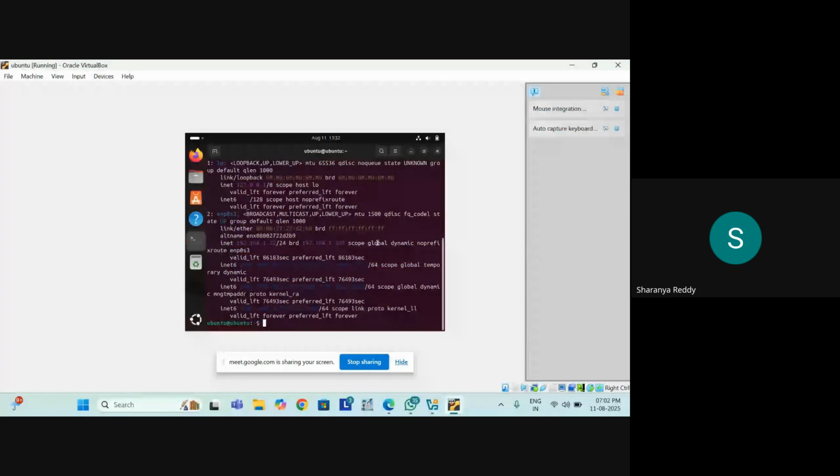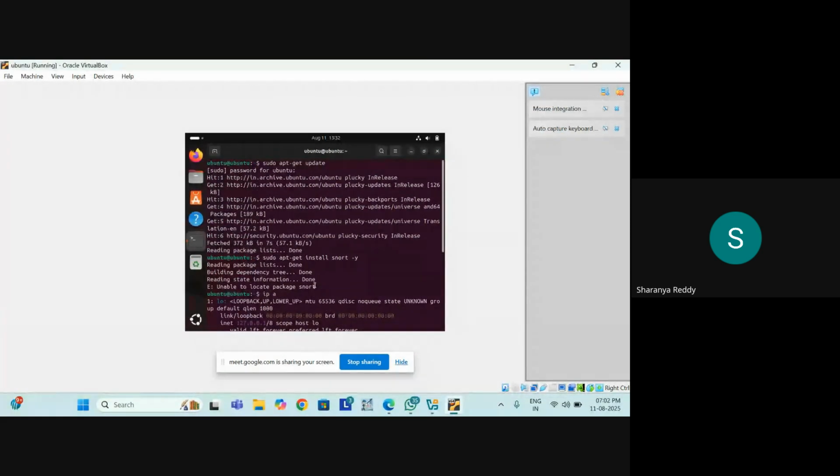See, sir, here I gave sudo apt-get install snort. It is showing unable to locate package snort. Why are you installing Snort in your Ubuntu? You can use Kali for this, right? There are no issues using Kali also, sir. I thought I should run Snort in Ubuntu only.